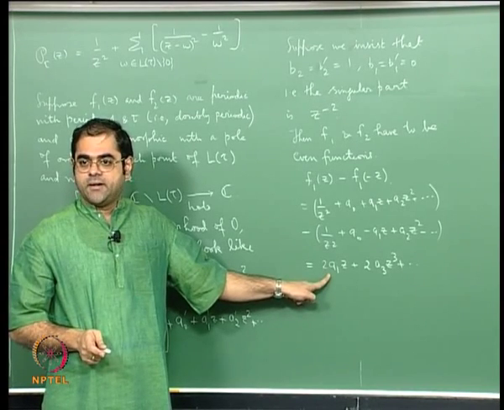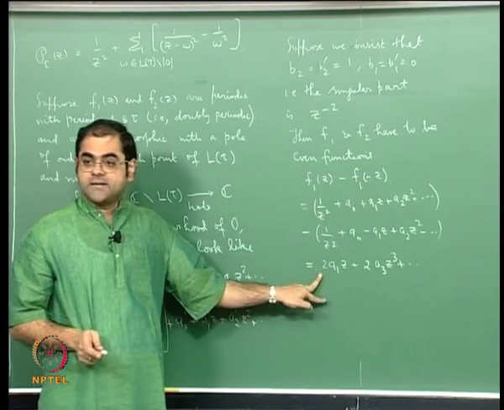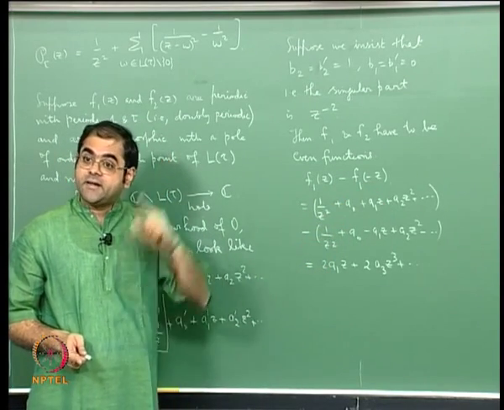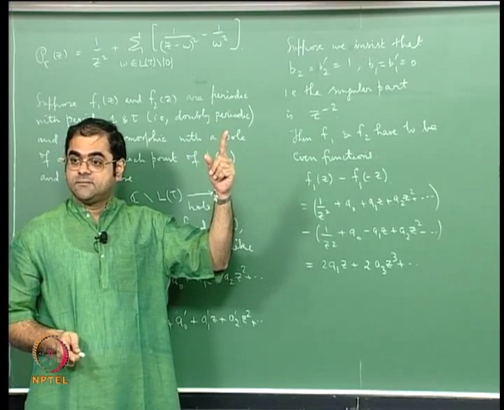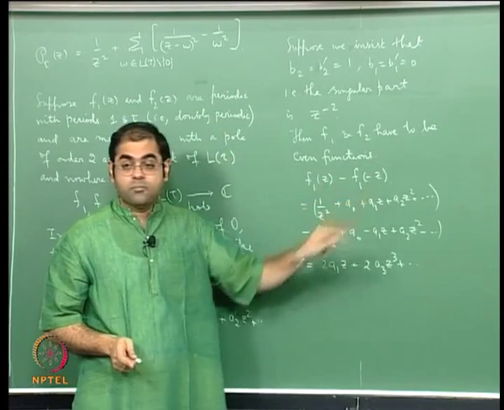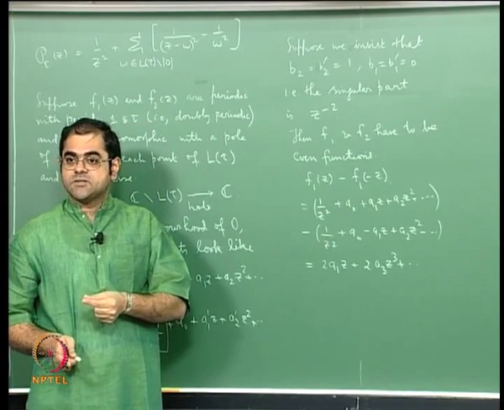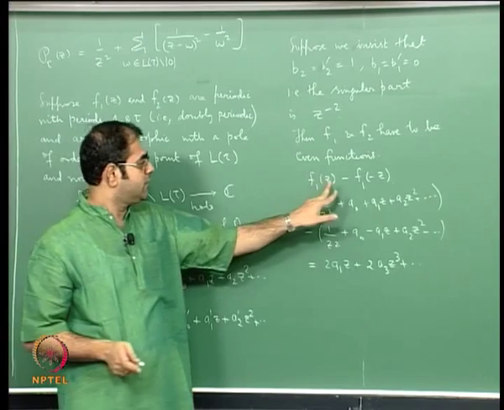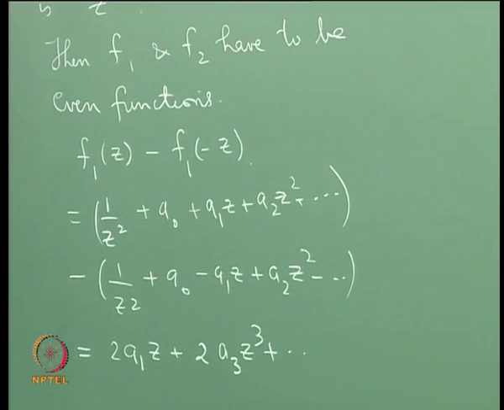See, the point is that this difference is a doubly periodic function, it has no pole at the origin, therefore it has no pole at any other lattice point. The difference function has no pole at any other lattice point, because after all the values of the function are the same if you displace by an element of the lattice, translate by an element of the lattice.